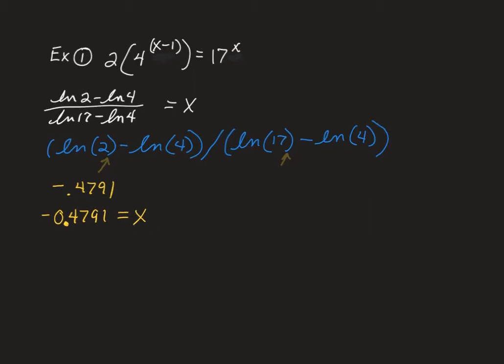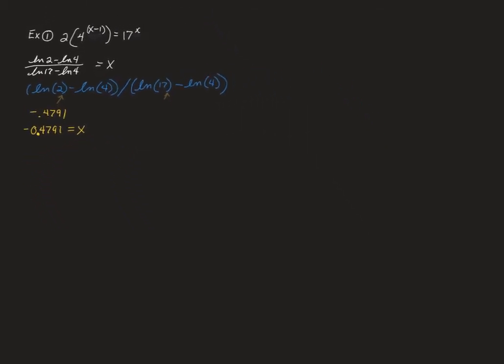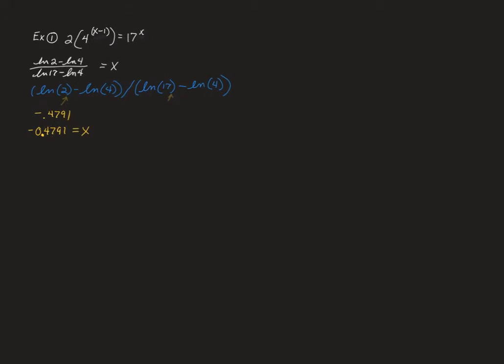But now we need to check it. So to check it, we're going back into the original equation with this approximate answer, because it's much easier to substitute that than it is that whole big ratio that we got as our answer, the big fraction.